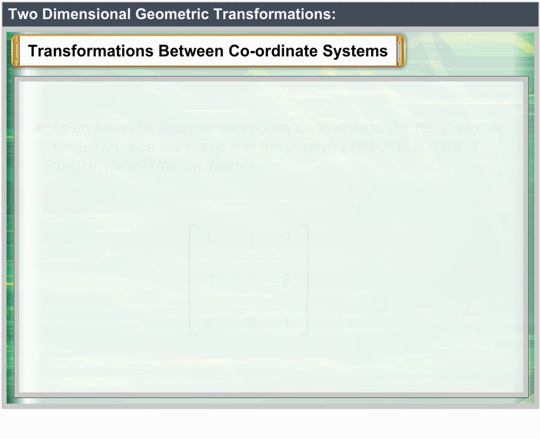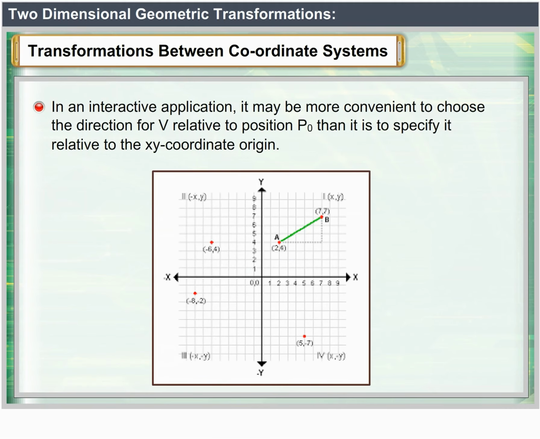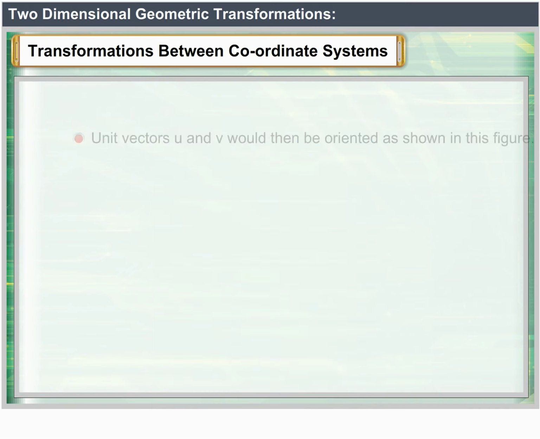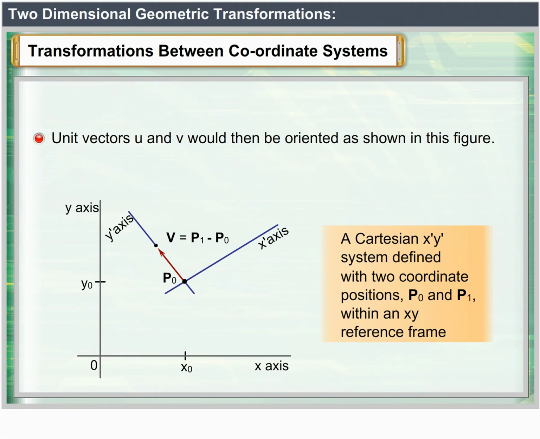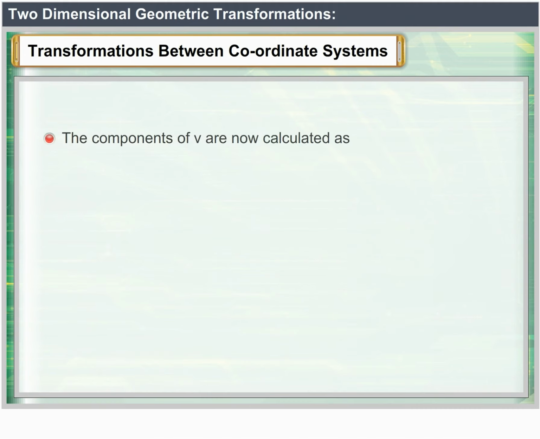Unit vectors u and v would then be oriented as shown in this figure. A Cartesian x'-y' system defined with two coordinate positions p0 and p1 within an xy reference frame. The components of v are now calculated as v equals p1 minus p0 over modulus of p1 minus p0. And u is obtained as the perpendicular to v that forms a right-handed Cartesian system.